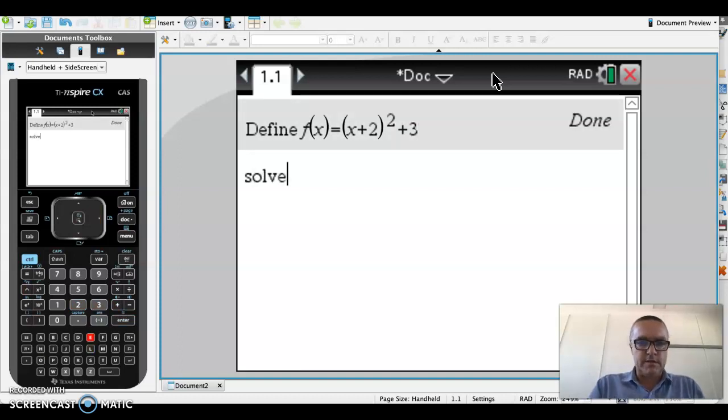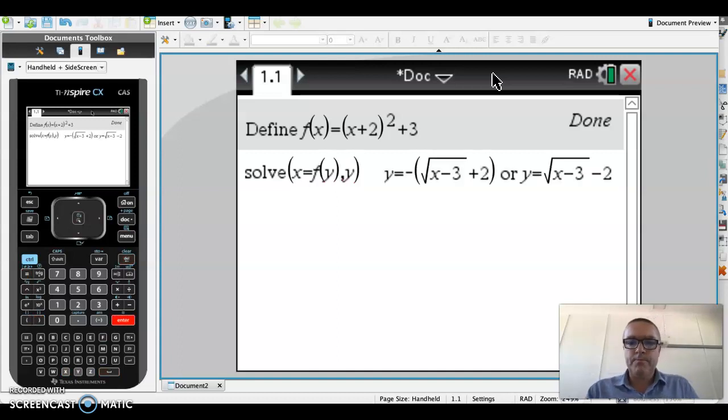And remember, we can solve the inverse function by asking the calculator to swap around x and y and then solve for y. And the calculator also outputs two different rules for the solution for y. So y, as we can see there, can be a negative square root function reflected in the x-axis, or it can be a positive square root function.